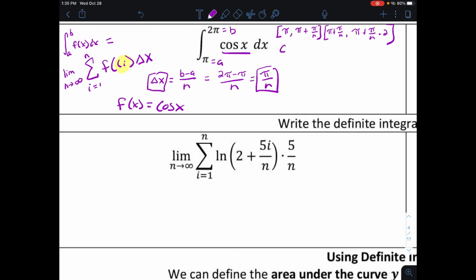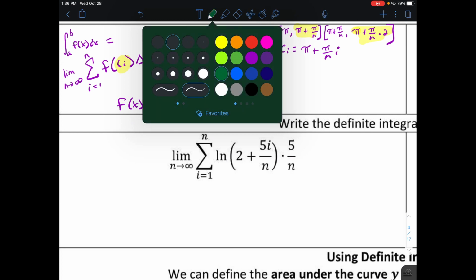For the corner that we're using, c_i, it's easiest to write an equation for the right endpoints, and that's what we're going to use. An expression that would represent all of the right endpoints of these subintervals would be pi plus pi over n times i, where i is 1 in my first subinterval, i is 2 in my second subinterval, and so forth. So we're going to put all of this together to write our limit.